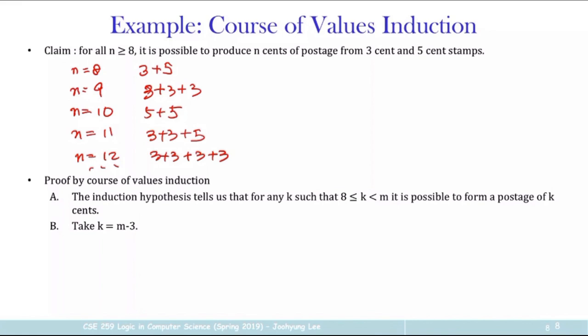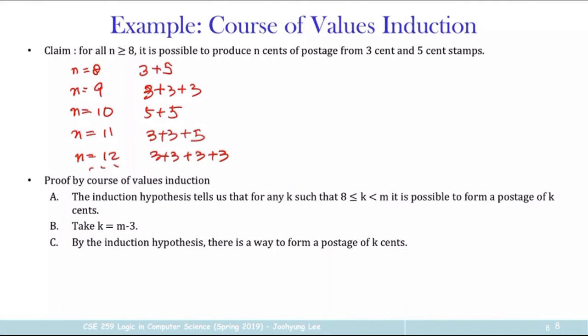Now the next step. Among the many values of k, we want to prove whether we can create n cent postage. And course of values induction allows us to assume P of n minus 1, P of n minus 2, P of n minus 3, and so on and so forth are true. Which means in particular, when k equals n minus 3, by induction hypothesis, we know that there is a way to form k cent postage.